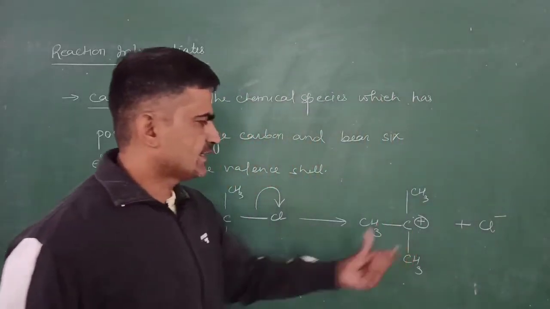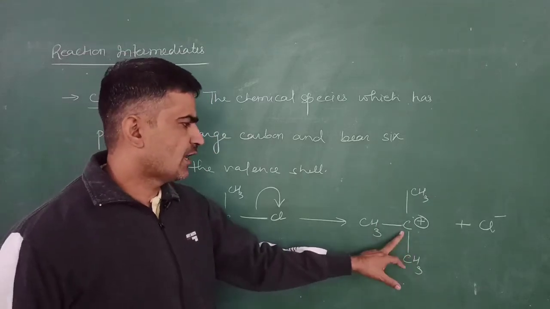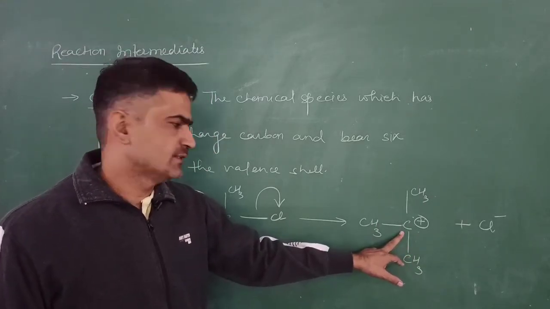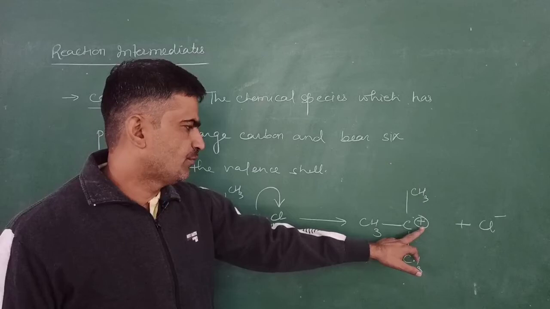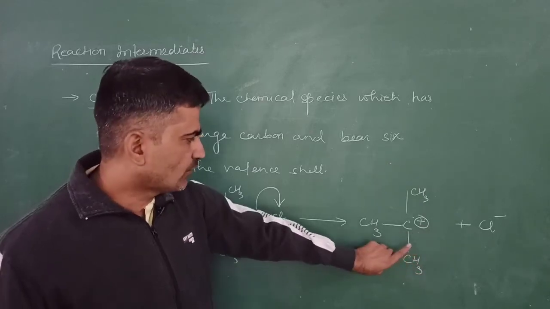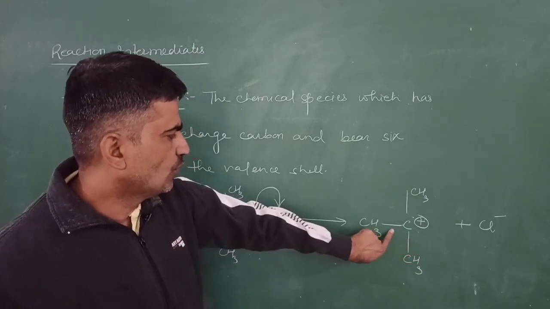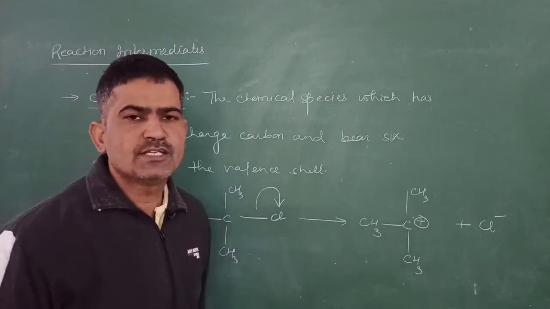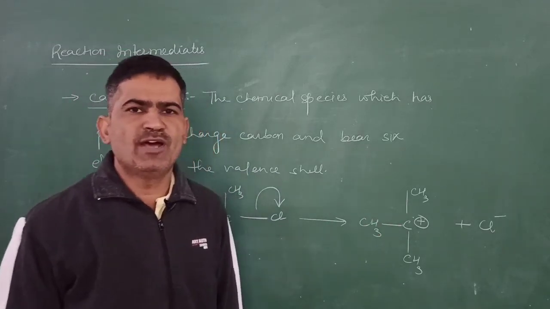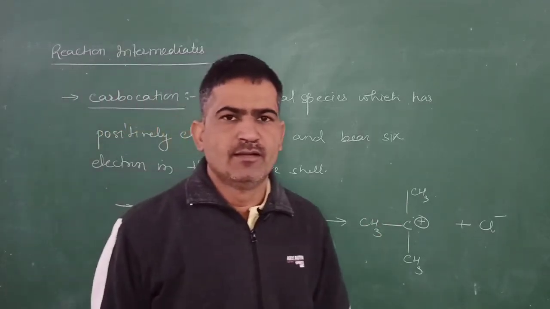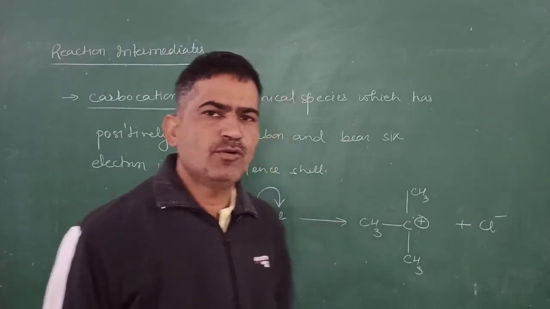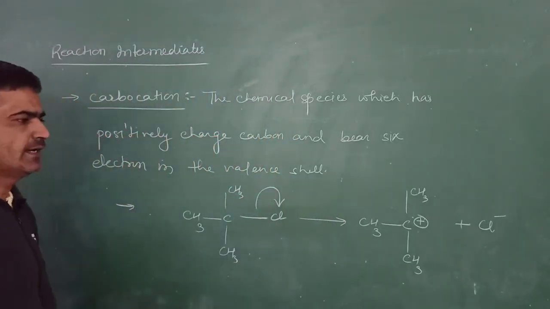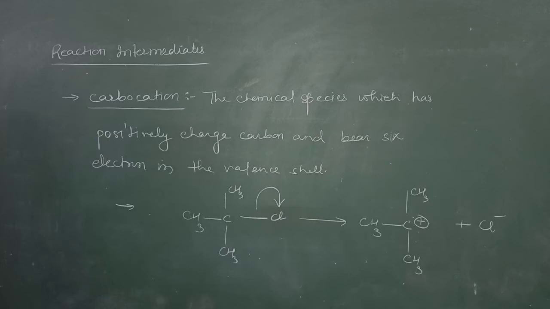This positively charged chemical species is known as a carbocation, because it has a positive charge and there are 6 electrons in the valence shell. 2, 4, 6 electrons in the valence shell. This is known as a carbocation, and a carbocation is formed by the heterolytic cleavage.